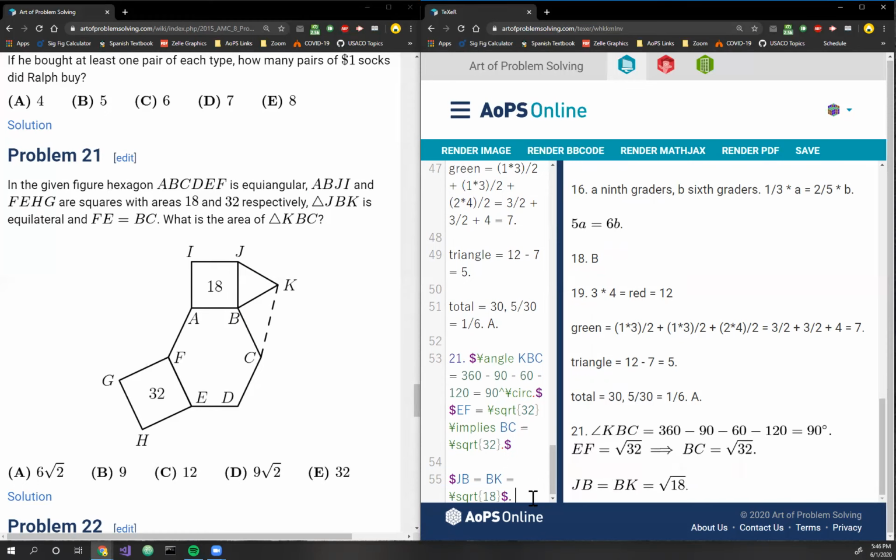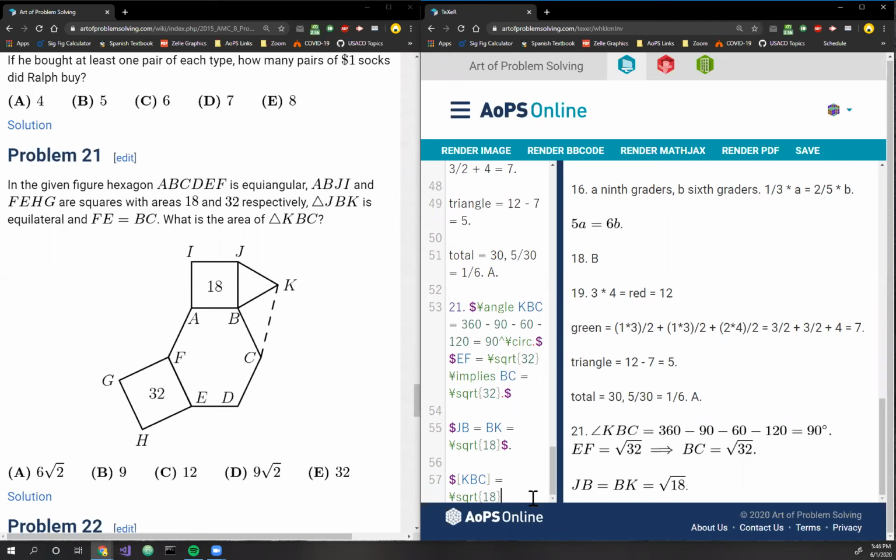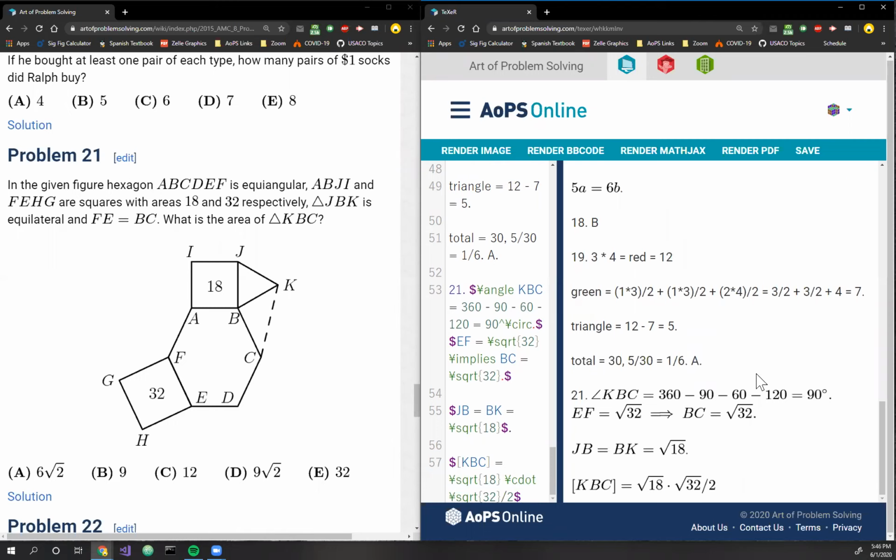Okay, so this means the area of KBC is equal to the square root of 18 times the square root of 32 over 2. The rest is just some manipulation with radicals.